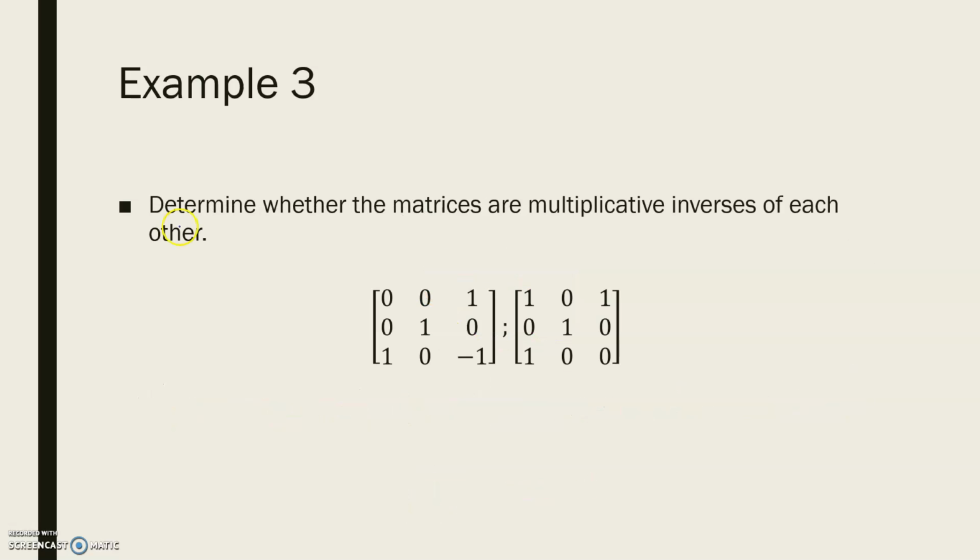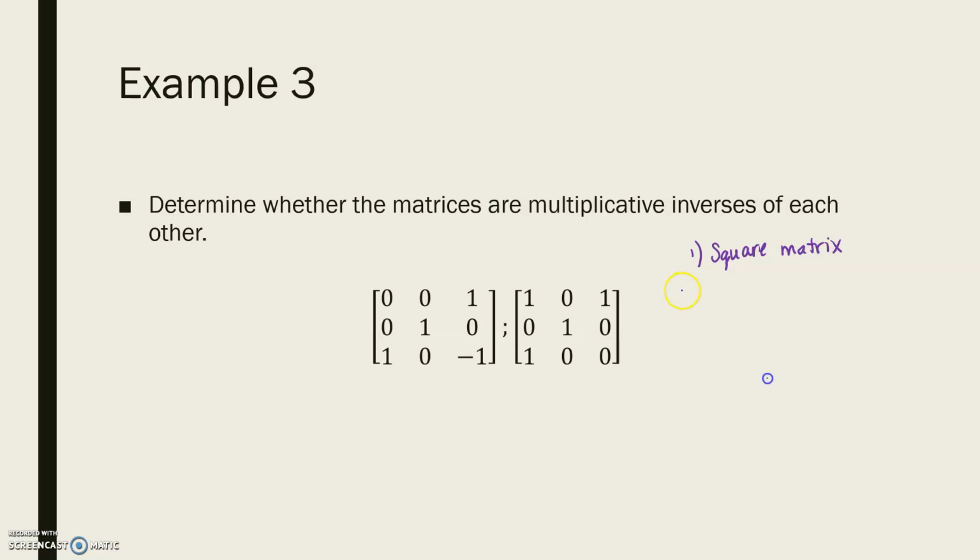All right, so final step, or final example, we are going to determine whether the matrices are multiplicative inverses. What were some of the key characteristics of multiplicative inverses? What has to be true for two matrices to be multiplicative inverses? Some things that have to be true is that they have to have the same dimensions, and they have to be square matrices.